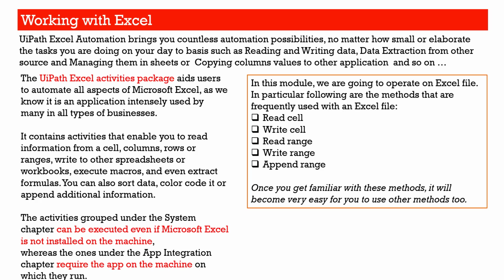Apart from that, there are other methods that you need to look at yourself. You can play around with them, pass the property values, and it will work. You can read the UiPath documentation, because covering all of those methods and properties is beyond the scope of this training. It would take a lot of time and not give any real value.